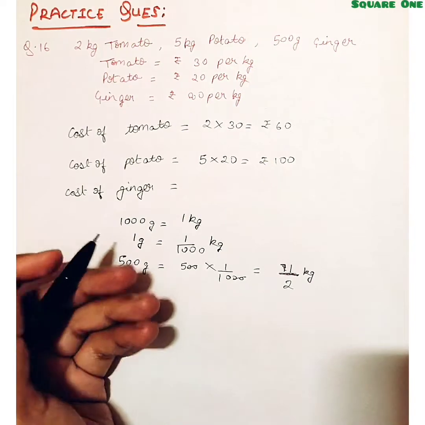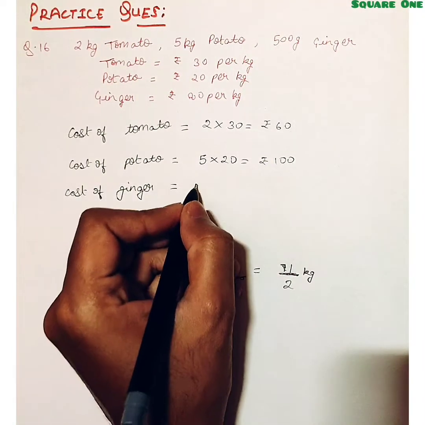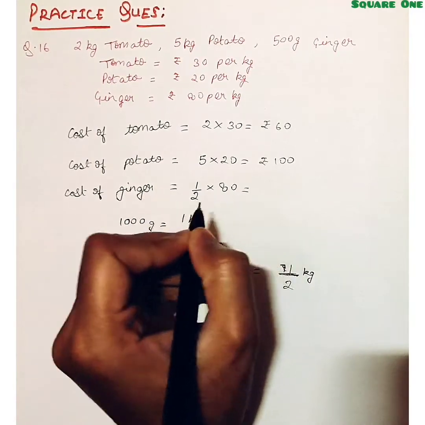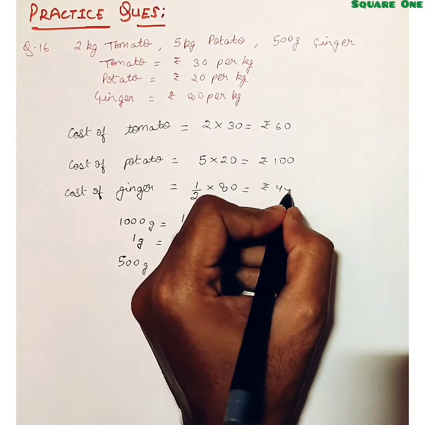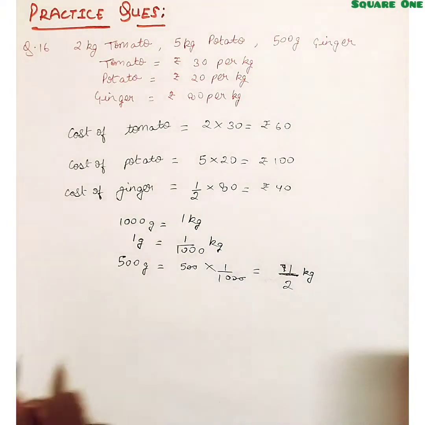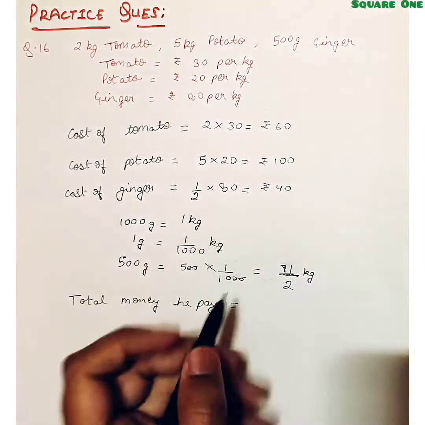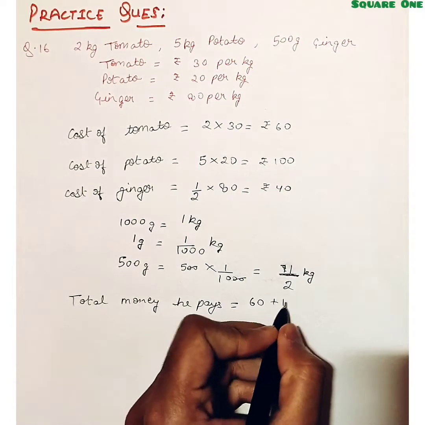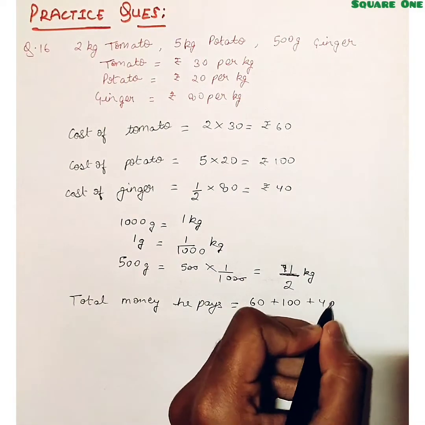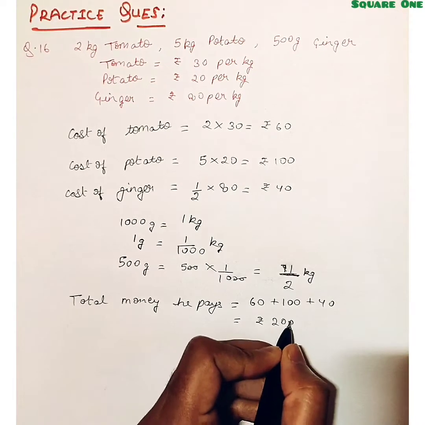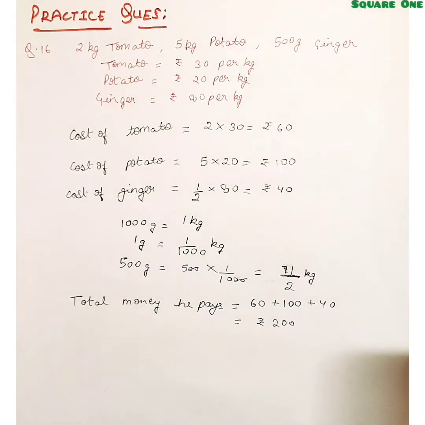Then the cost of ginger will be, we have to multiply half kg with rupees 80 per kg. So it becomes rupees 40. Total money he pays then, we add up all these amounts, 60 plus 100 plus 40, and the answer will be rupees 200. So he pays rupees 200 to the shopkeeper.